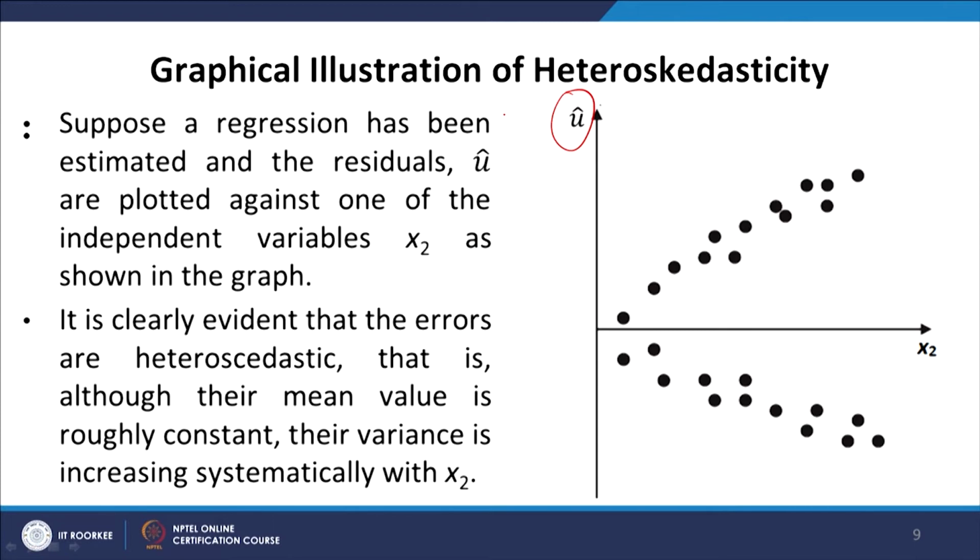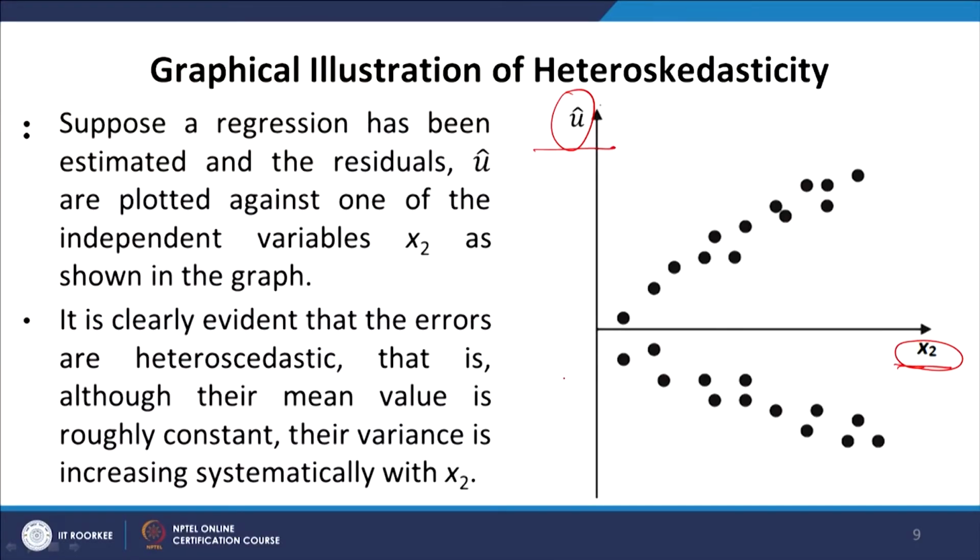Another illustration is when we plot the estimated residuals, that is the sample counterpart of the population error terms. We have residuals plotted against one of the independent variables, say x 2, in case we have a multiple regression analysis with more than one independent variable.